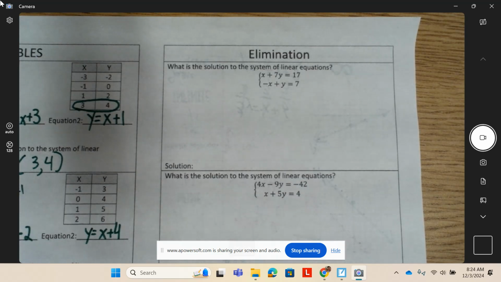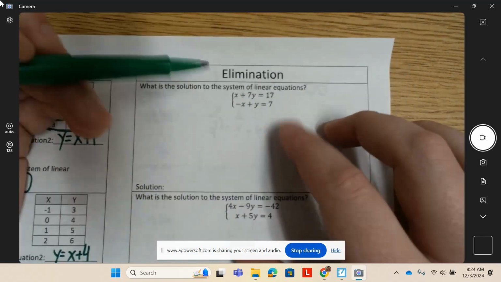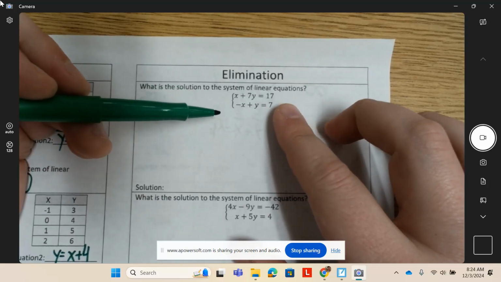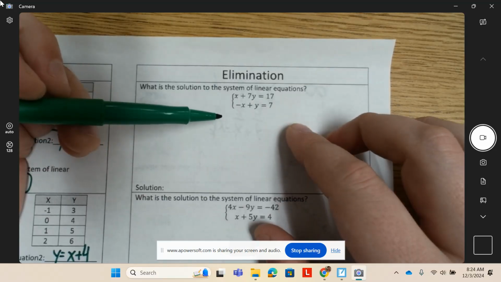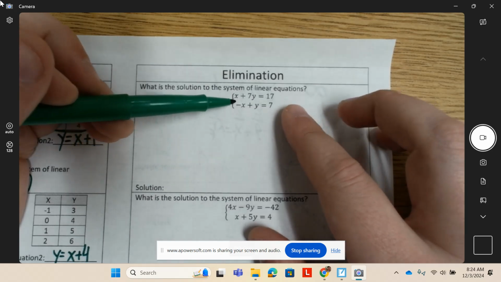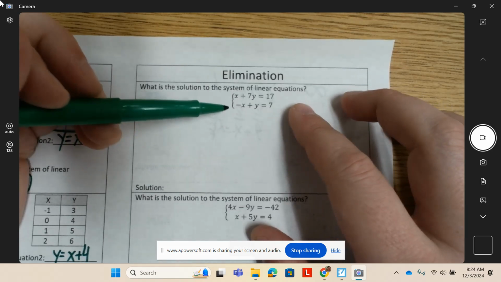So looking at these two equations, I've got them both in standard form. I could change them to my slope-intercept form and graph them, but looking at dividing by 7, I'm going to get some weird numbers there.